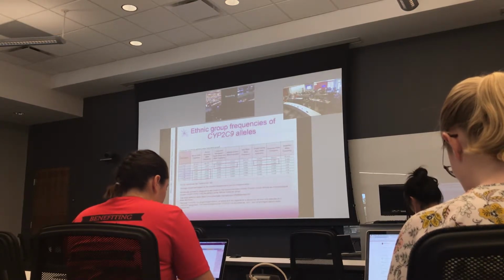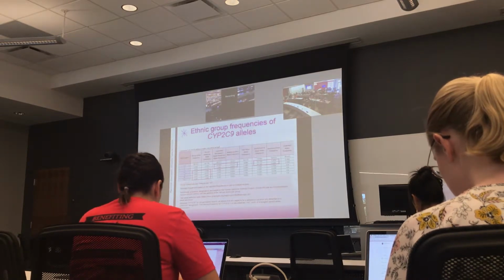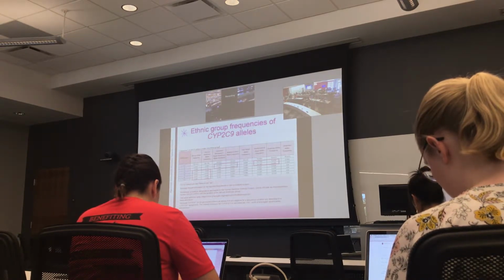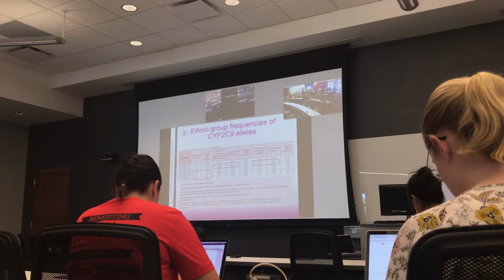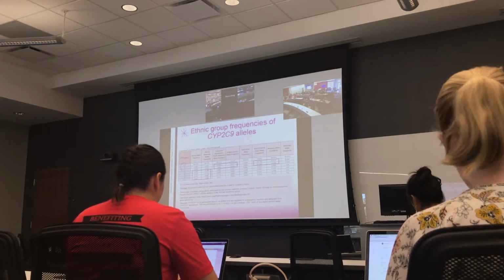We see almost exclusively in persons of African ancestry star 5, star 6, star 8, or star 11, albeit at lower levels. For the exam, we're mainly concerned with these.